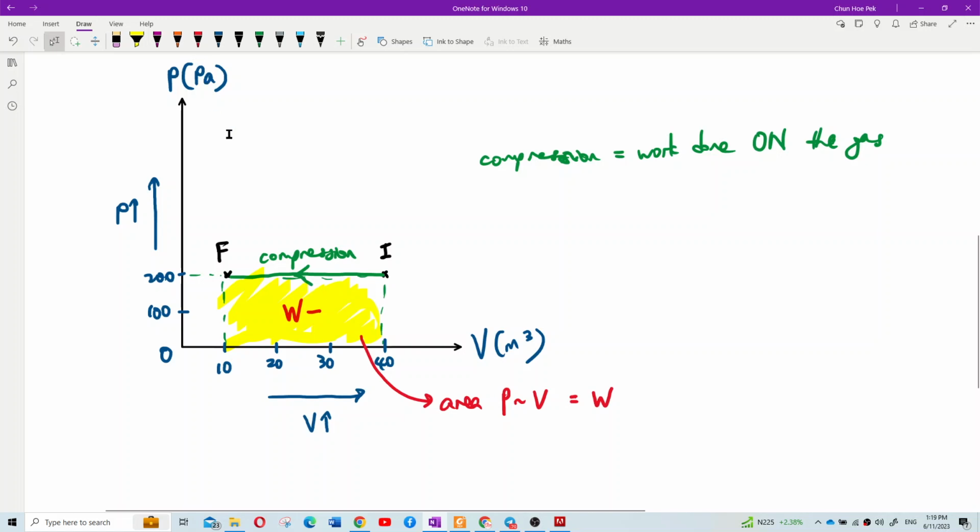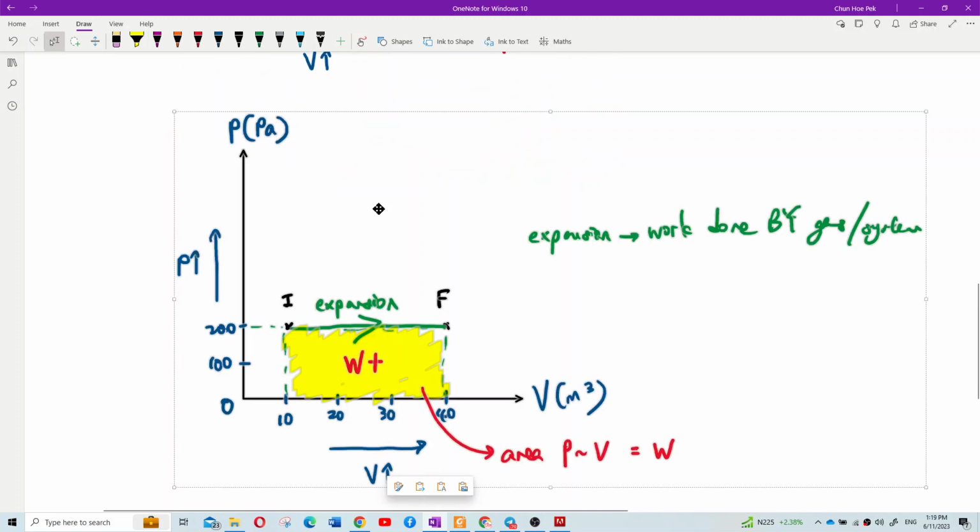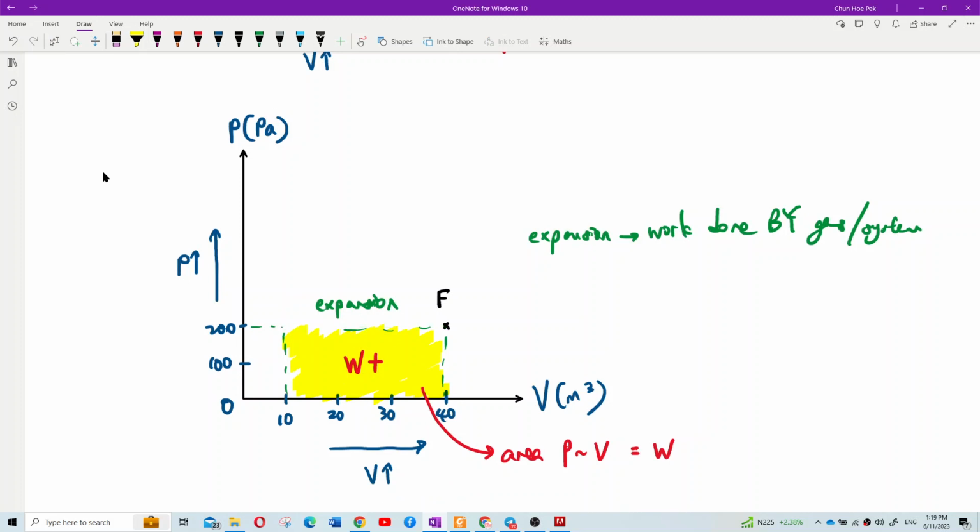Let me ask you another question, class. Maybe this time I draw it a little bit different. The pressure at the top over here, maybe this is 600. The initial point is over here, then it drops along a curve.